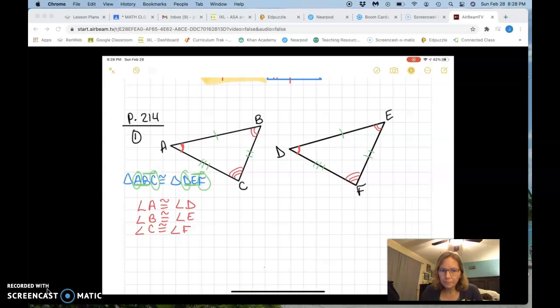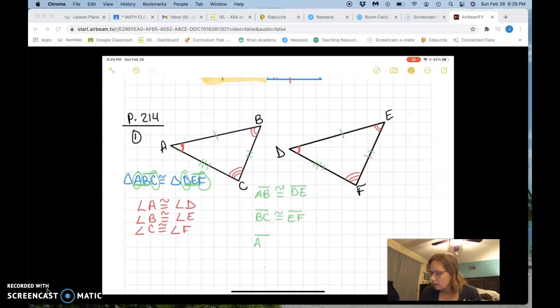Okay? All right. So I'm going to just name those now according to how they are congruent to each other. So side AB is congruent to DE. And I'm just looking at how I marked my triangle now. It's important to draw this out and mark it. If you try to do it all in your head, you're probably going to make mistakes. BC is congruent to EF, and then the outer and inner.